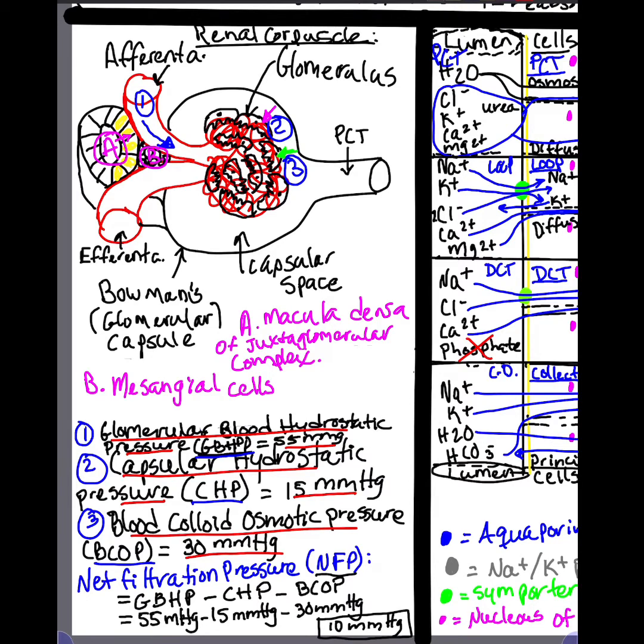That being said, we can calculate the net filtration pressure with these three forces. The net filtration pressure is the glomerular blood hydrostatic pressure minus the capsular hydrostatic pressure minus the blood colloid osmotic pressure, and that gives you 10 millimeters of mercury.